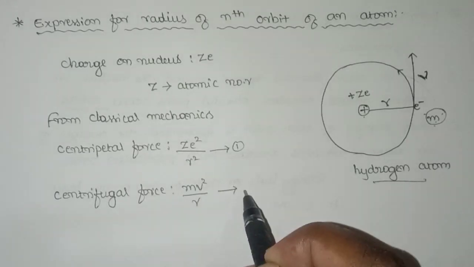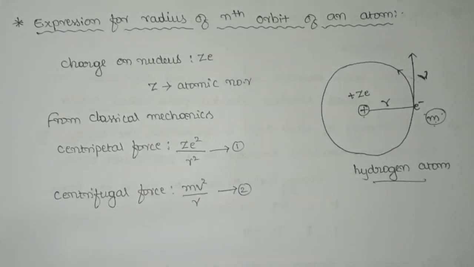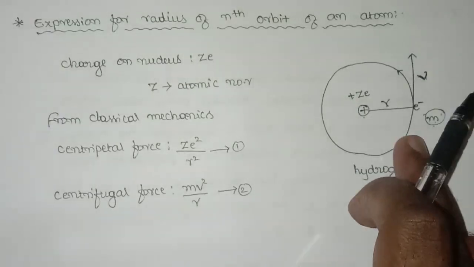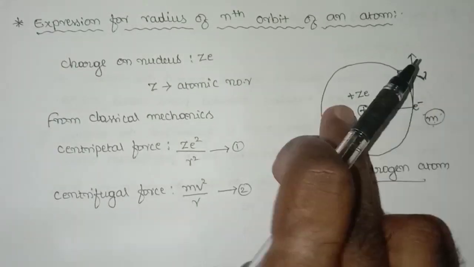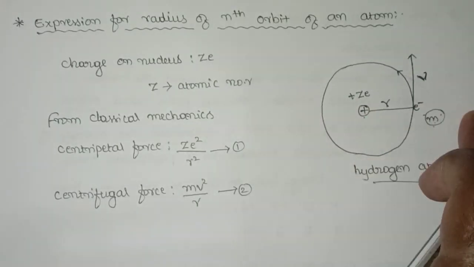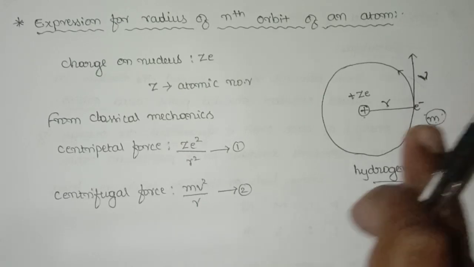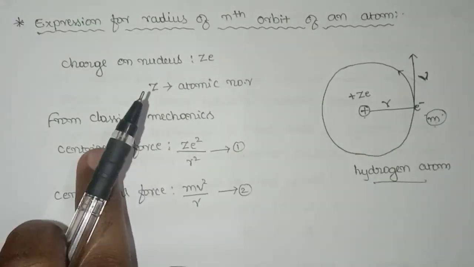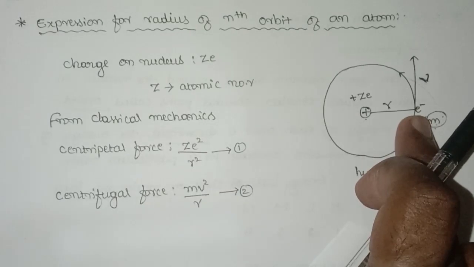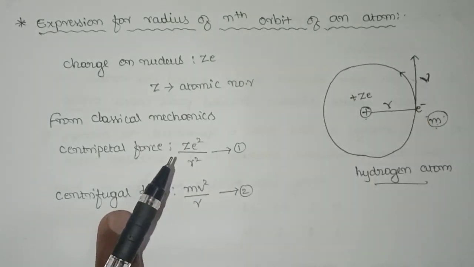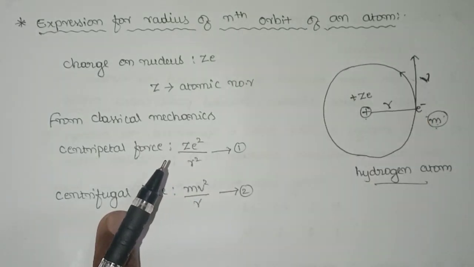Let me consider this as equation number 2. For the electron to neither come towards the nucleus nor go away from the orbit, the centripetal force on the electron should balance with the centrifugal force.